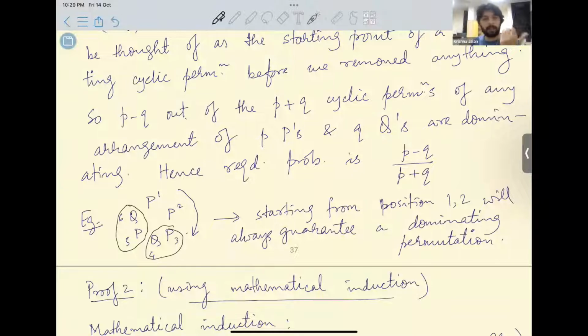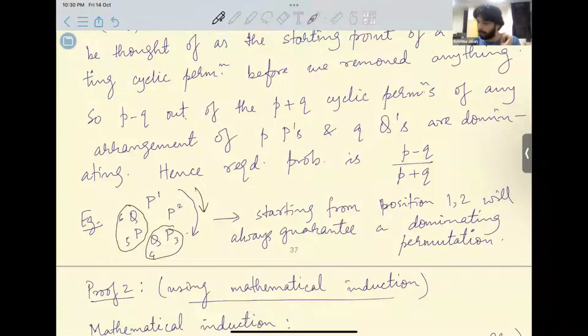So the claim of the cyclic lemma is this: when putting them on a circle, I have to assume an order. So here I am assuming a clockwise order. The cyclic lemma states that each of the remaining P's, if you start your sequence from this point, some sort of shifted sequence, will give you a dominating sequence in the whole P plus Q sequence.